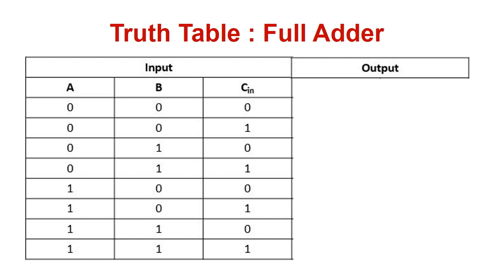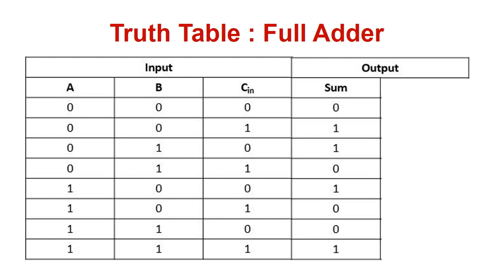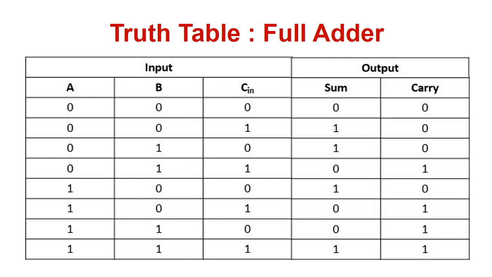Now apart from the input, in the truth table let us see what the outputs are. Similar to the half adder, the full adder also has outputs: a sum and a carry. Now the truth table is prepared manually. So let us start with 000, and when we add those values 0 with 0 with 0, we get the sum as 0 and the carry also as 0.